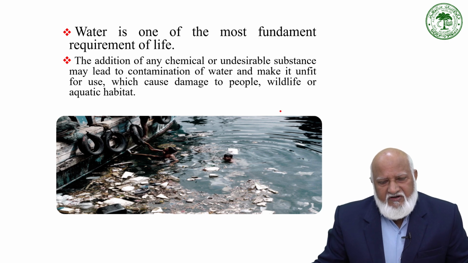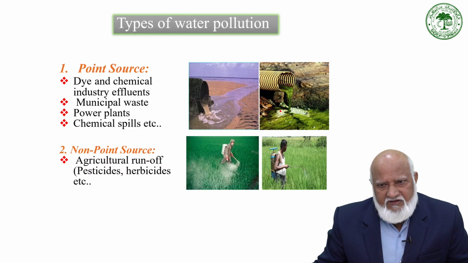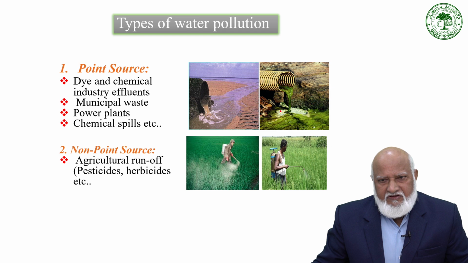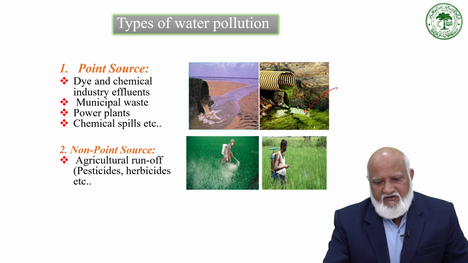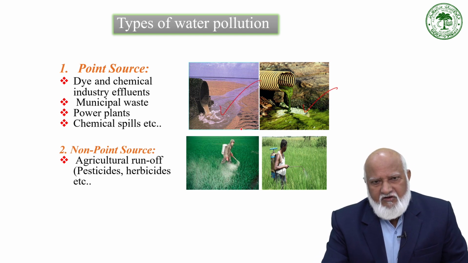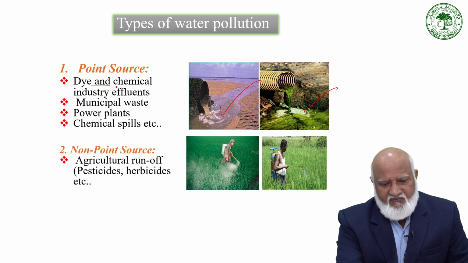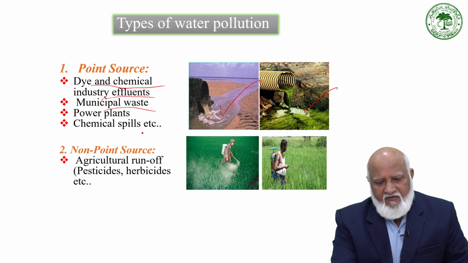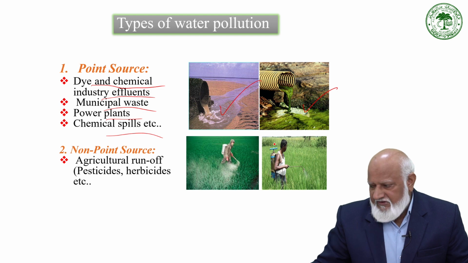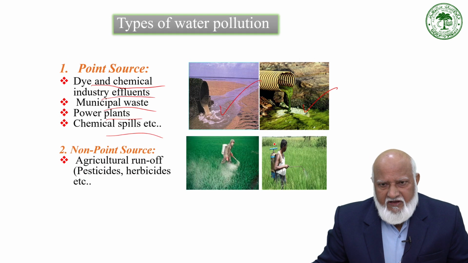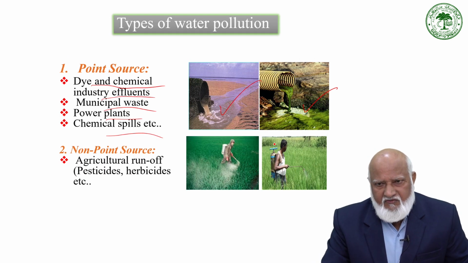A lot of toxic, used water is thrown into the water bodies. Here you can see again polluted, highly contaminated water, and these come, as I have mentioned, from the dye industry, chemical industry, municipal waste, also power plants, and chemical spills, which lead to the accumulation of these toxic compounds in our environment.